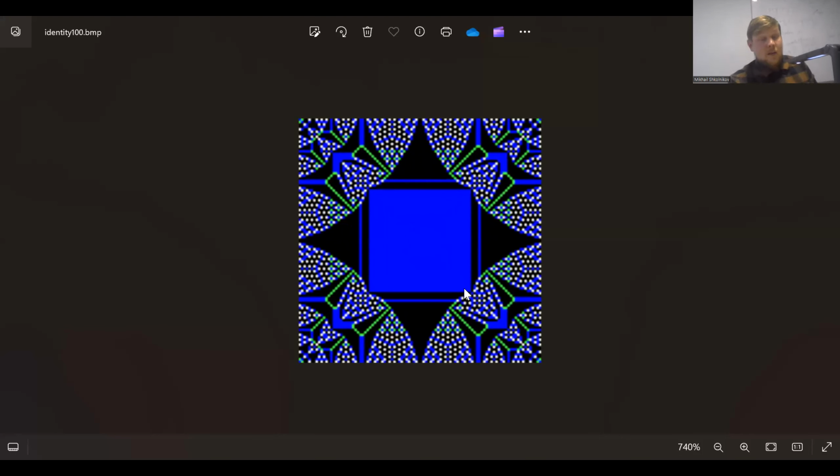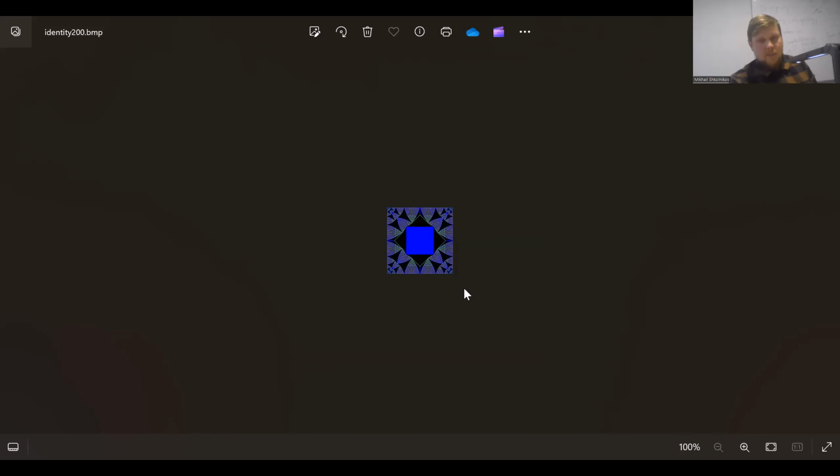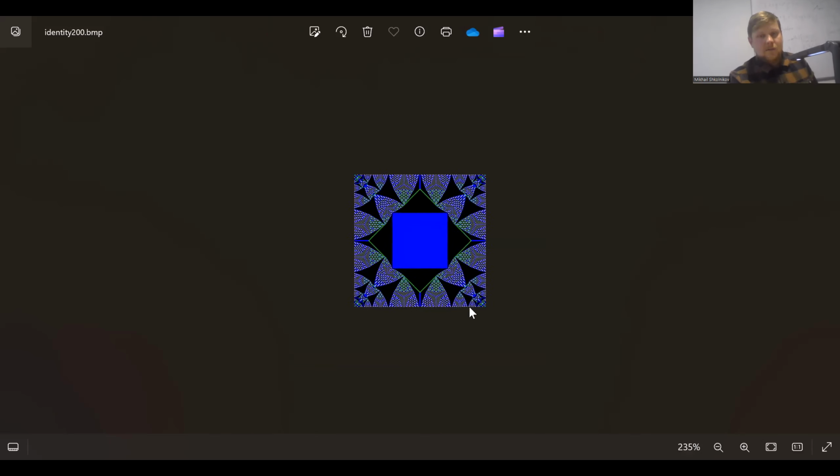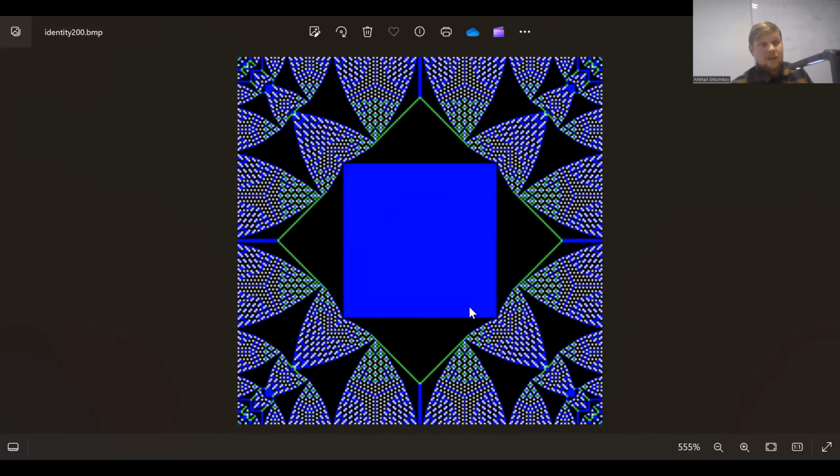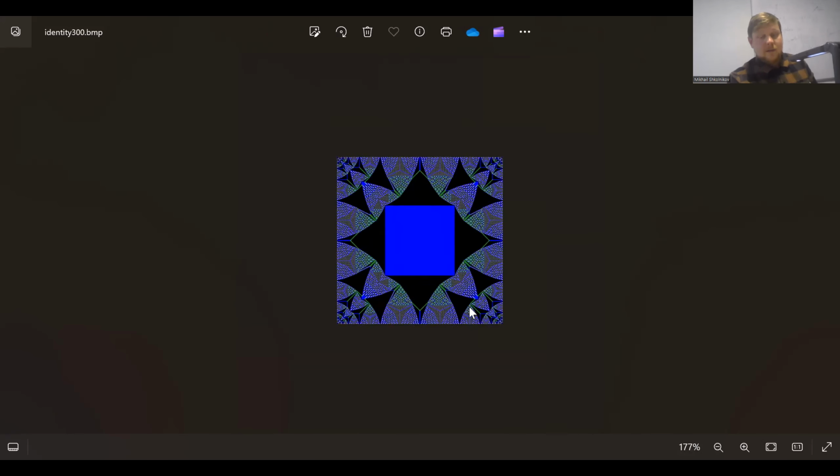One thing that you notice about these pictures is that they are scalable. This is for scale 100, and it will become clearer afterwards what that really means. This is for the scale 200, and this is for the scale 300.